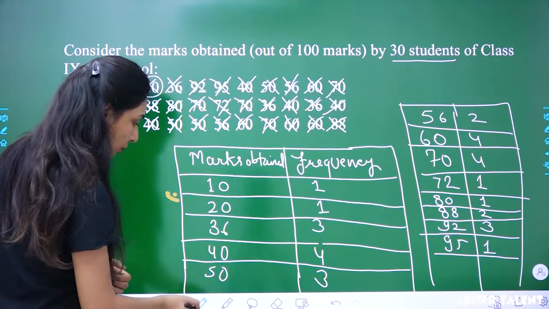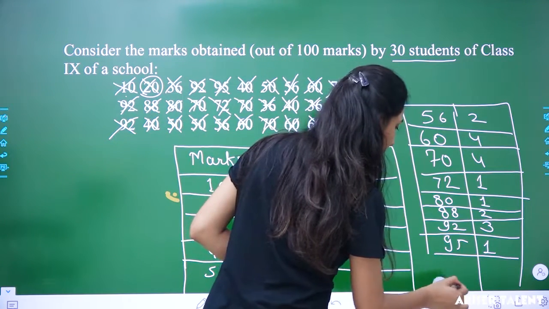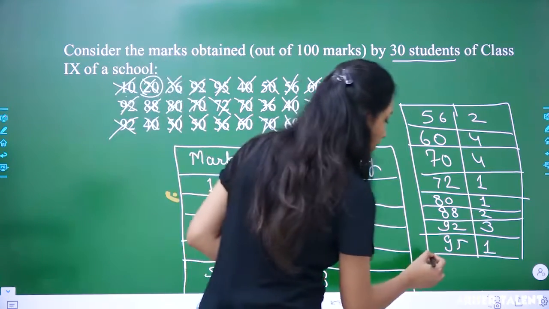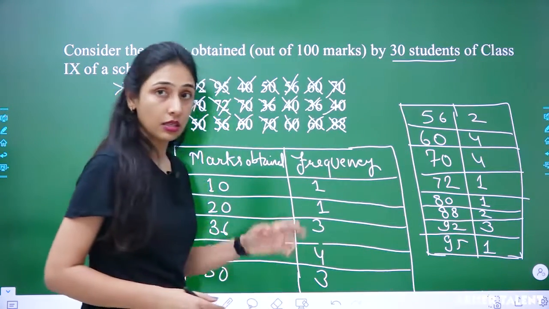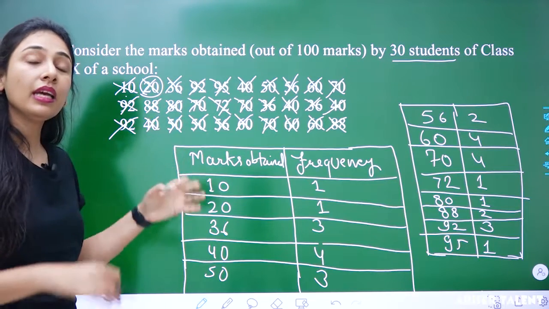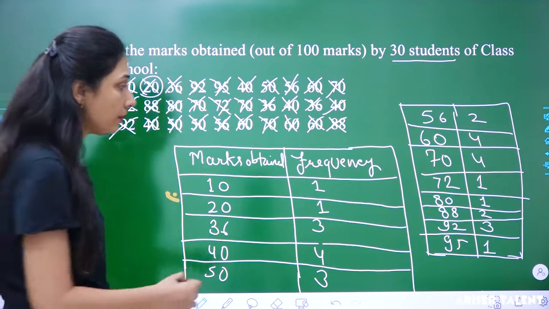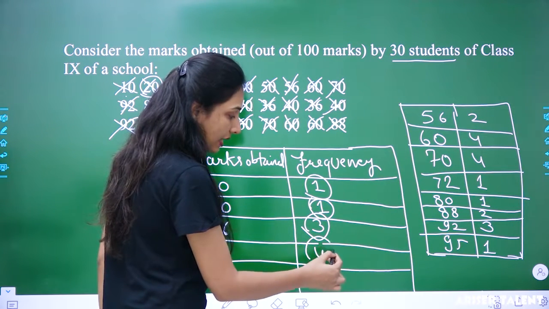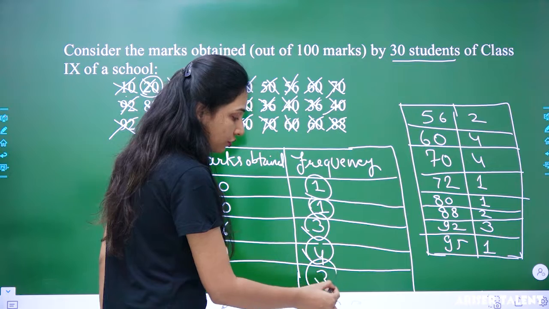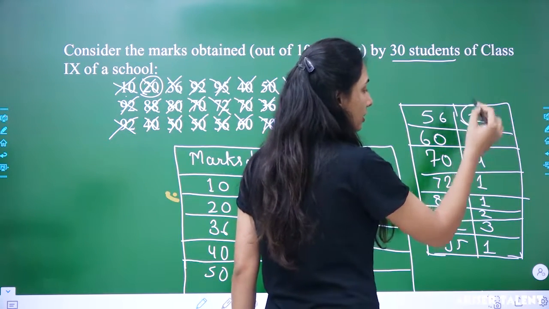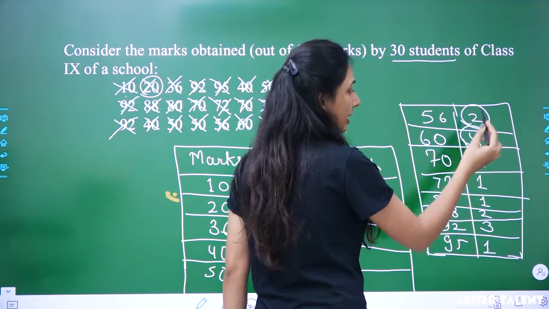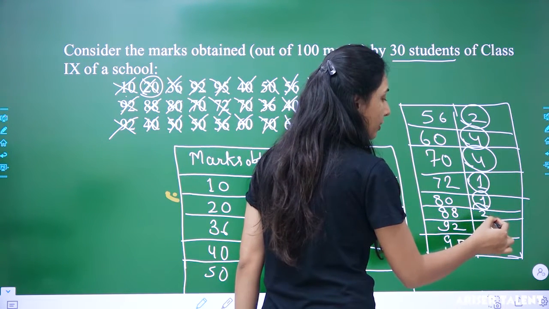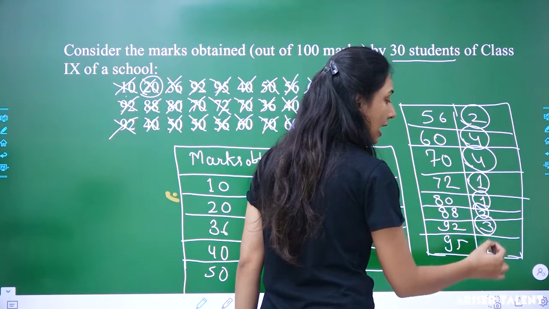Now I have told you that the summation of the frequency is going to be the number of observations, and the number of observations in this example is going to be 30. So is it 30? 1, 2, 3, 4, 5, 6, 7, 8, 9, 10, 11, 12, 13, 14, 15, 16, 17, 18, 19, 20, 21, 22, 23, 24, 25, 26, 27, 28, 29 and 30.